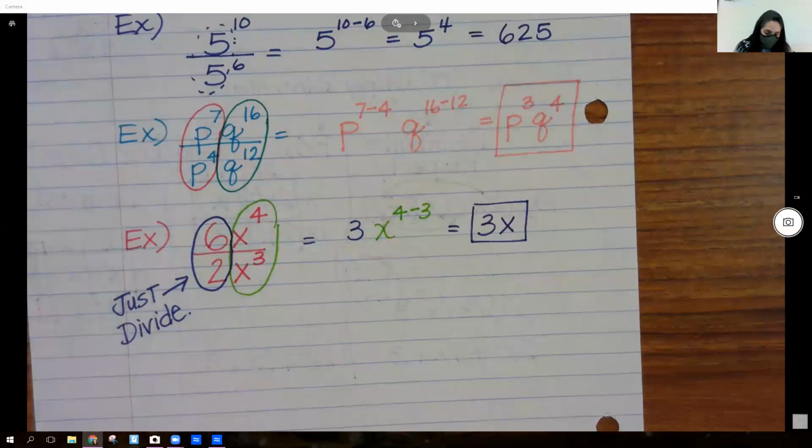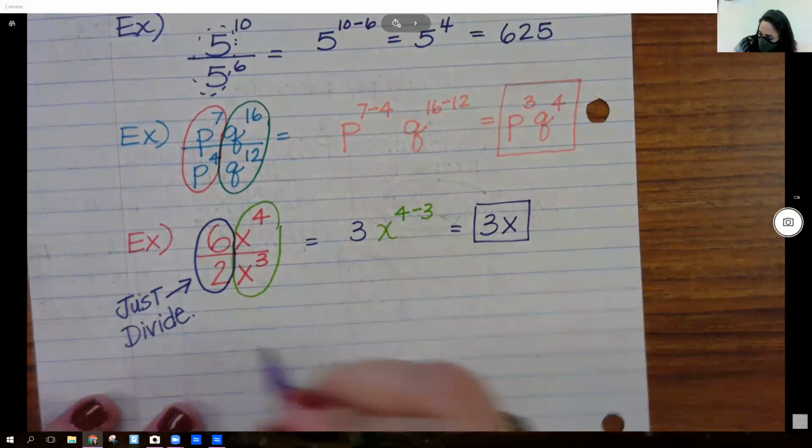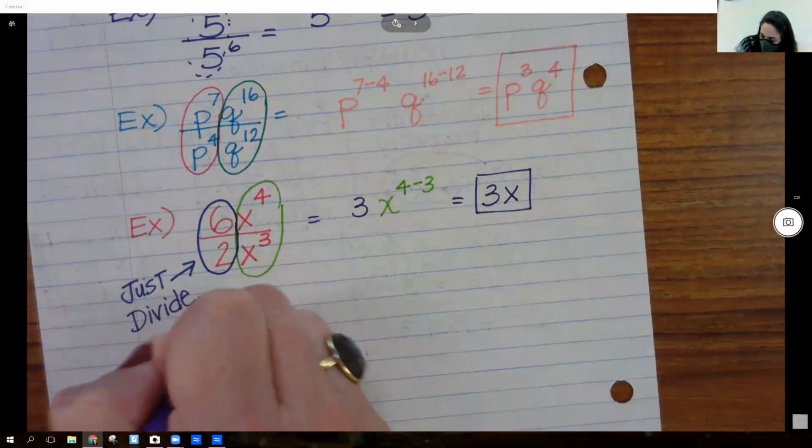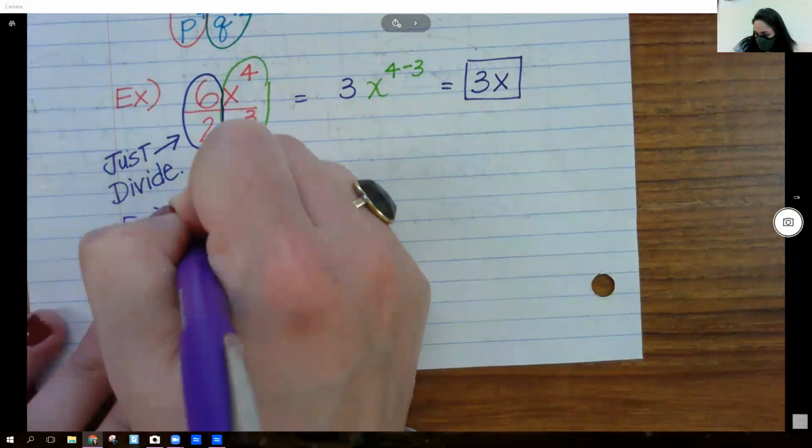Okay, last example. Try this one on your own. I'll give you a little bit of time to work it out, and then I'll go over it and you can compare and see how you did. Try this one. This one's a challenging one, so be careful.